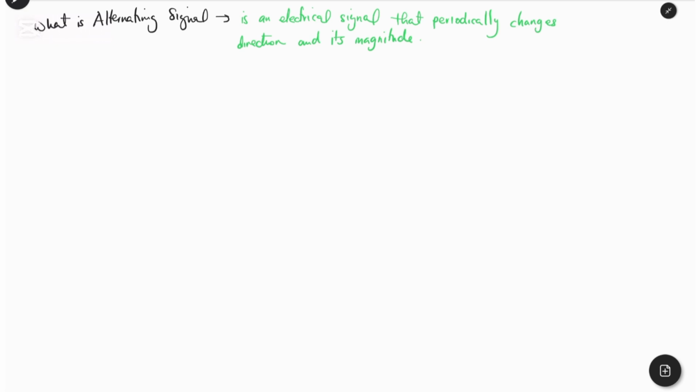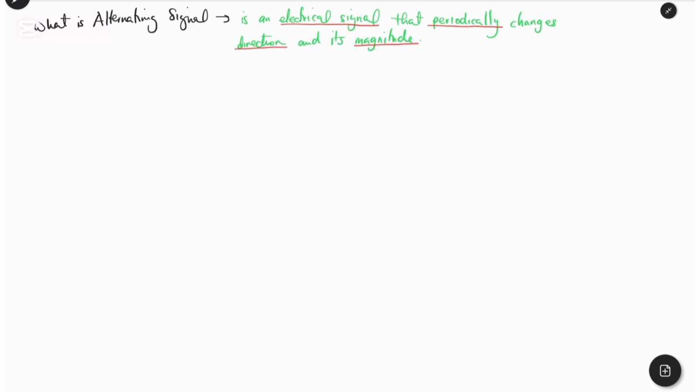The keynote to take along with the definition of the alternating signal is that it is an electrical signal and it periodically changes the direction and the magnitude.